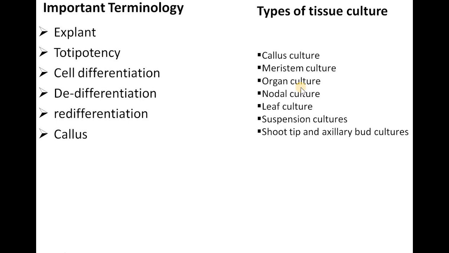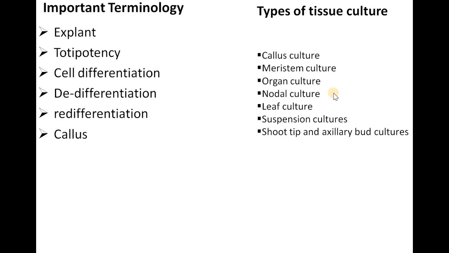Tissue culture methods are generally named based on the explant that is being used. Callus culture uses an explant to give rise to a callus, and from the callus again induces shoots and roots. In meristem culture, meristem is used as the explant.